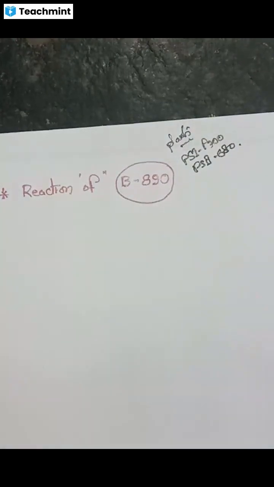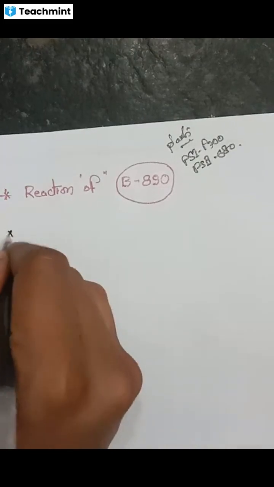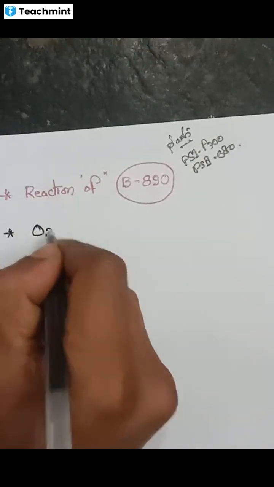But in bacteria, the reaction center is B890. So clear.